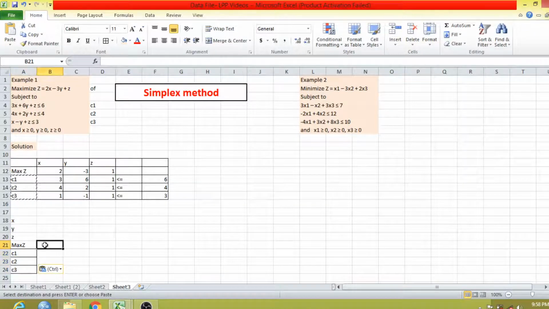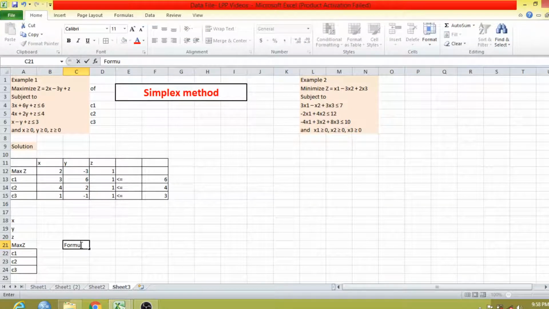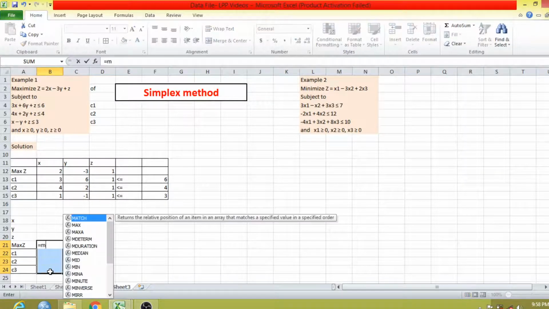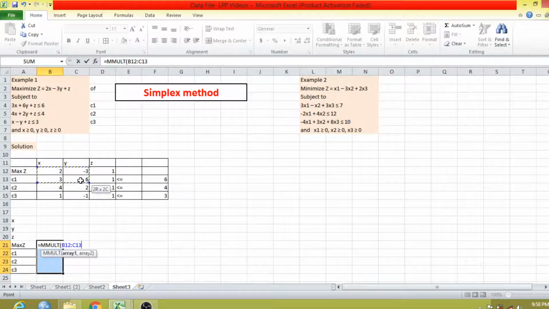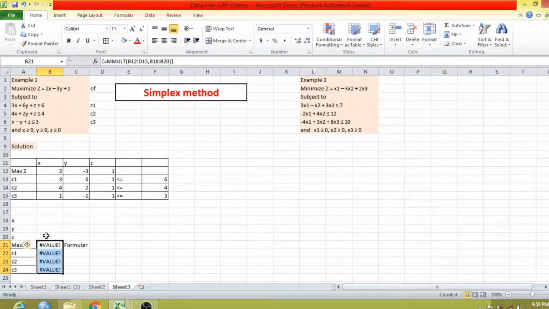Now I will use one formula. I think you all are aware of that formula. Here we are using the formula MMULT. I will select all this matrix, then comma, then the values of these three variables, bracket close, and Control Shift Enter.